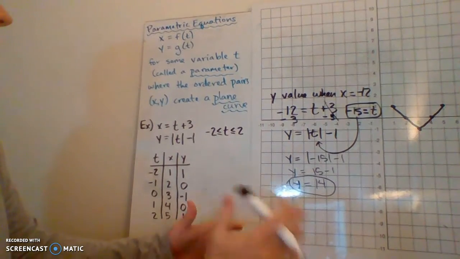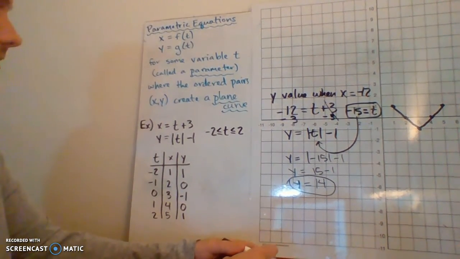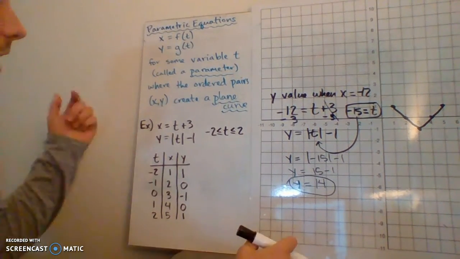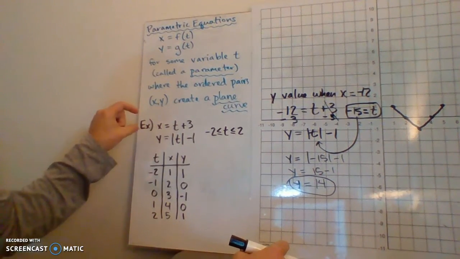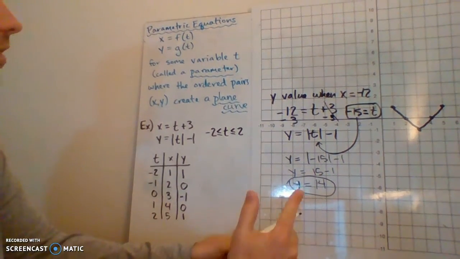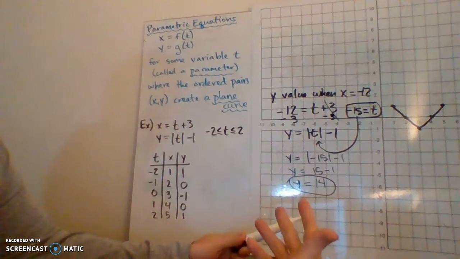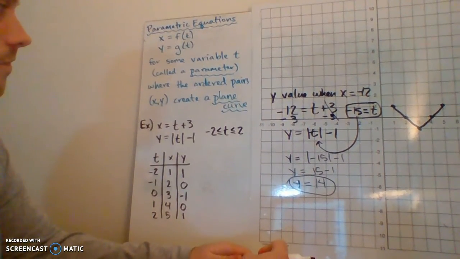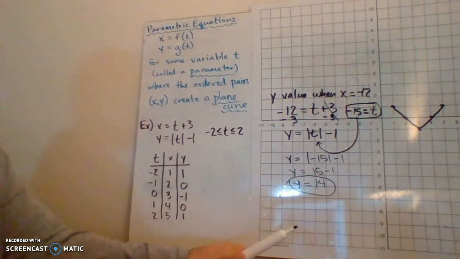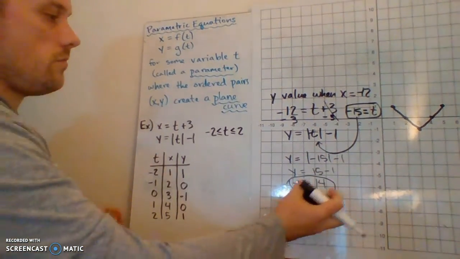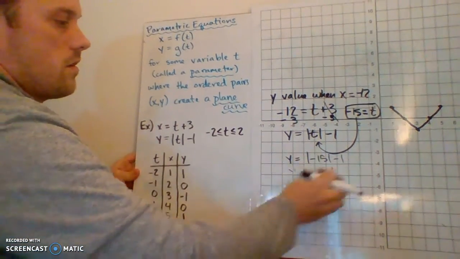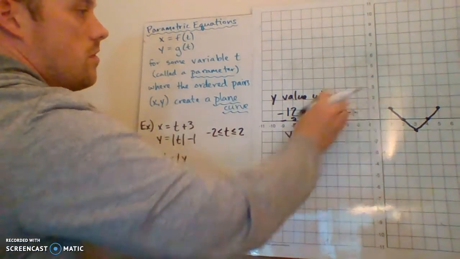All right, last thing we're going to look at is how do we eliminate the parameter. So how can we combine our two equations and get one equation written for y in terms of x.